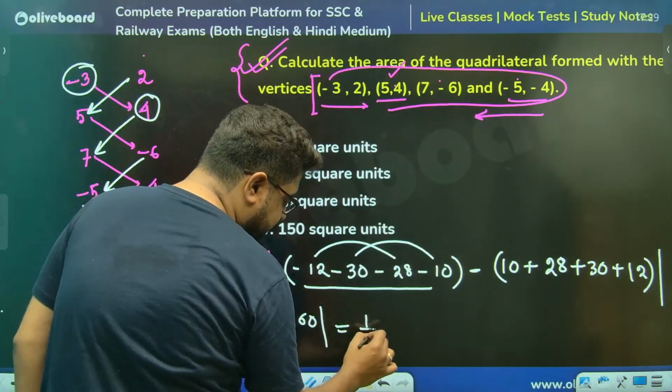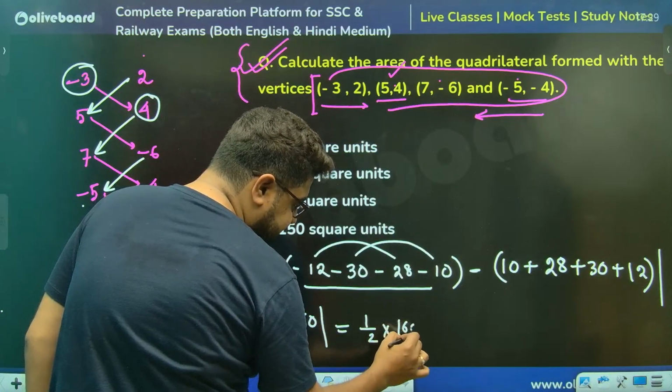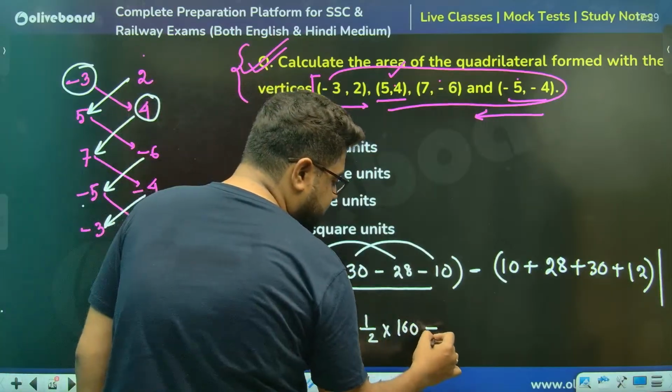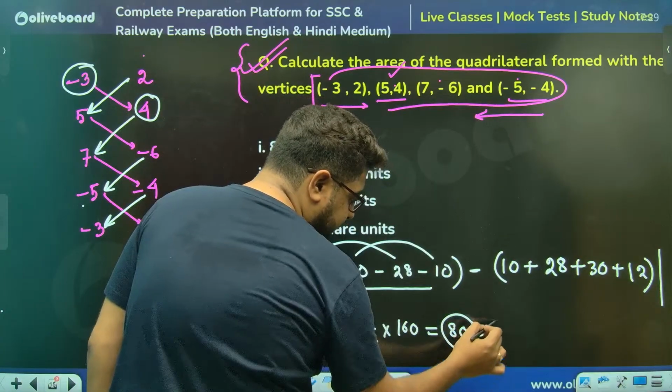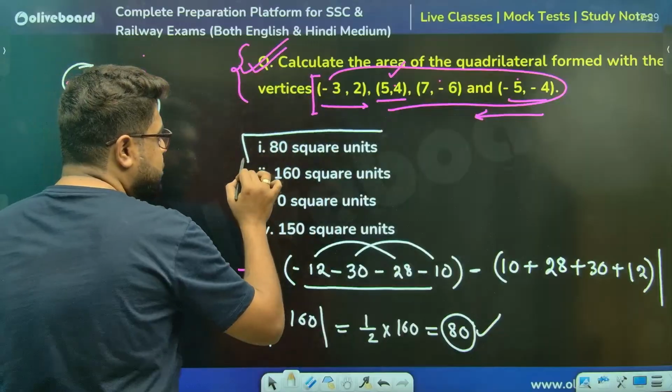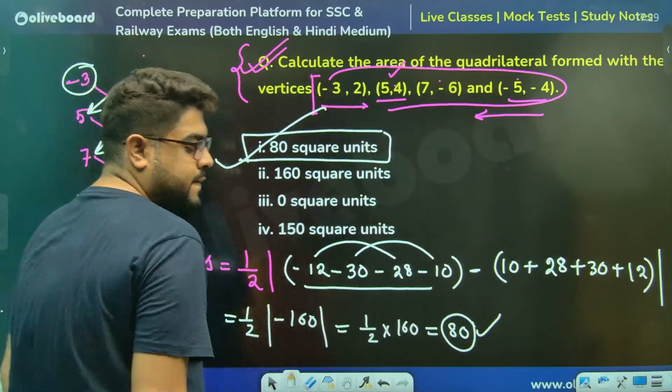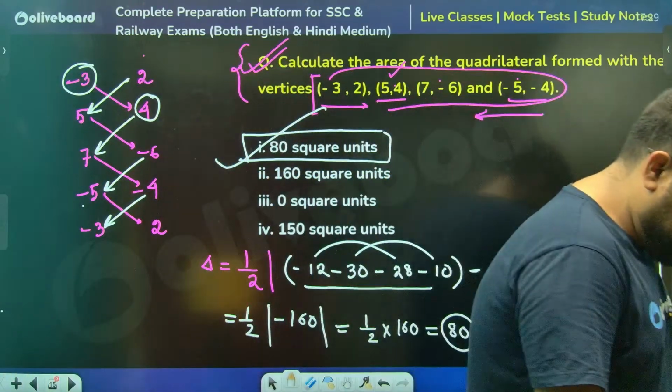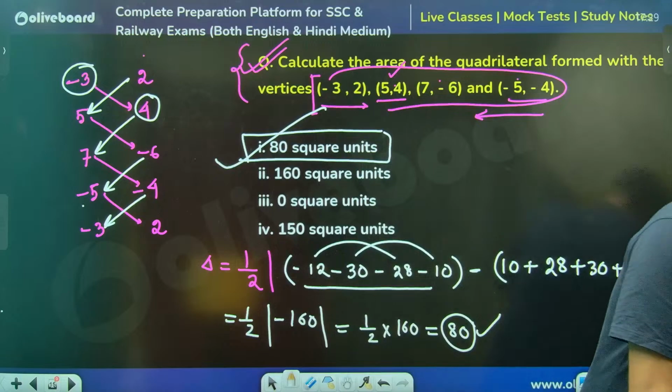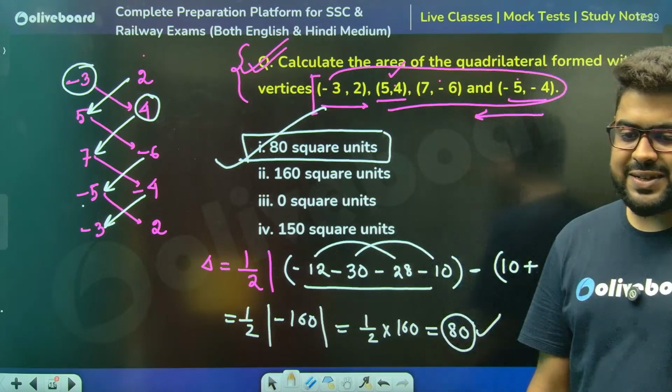So it will become half into positive 160. That means it will be, sir, 80. That will be my answer, which is option number 1. Yes, thank you so much, brother.